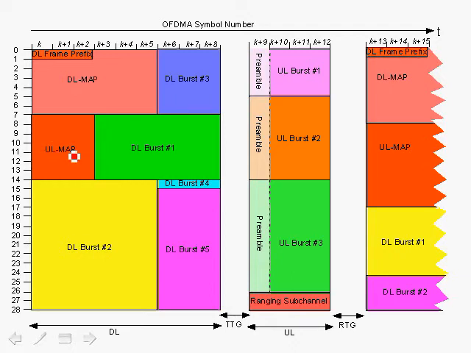So the uplink map, similar to the downlink map, has a list of information elements, and these information elements describe for the subscribers the regions which they are supposed to use to send their data.